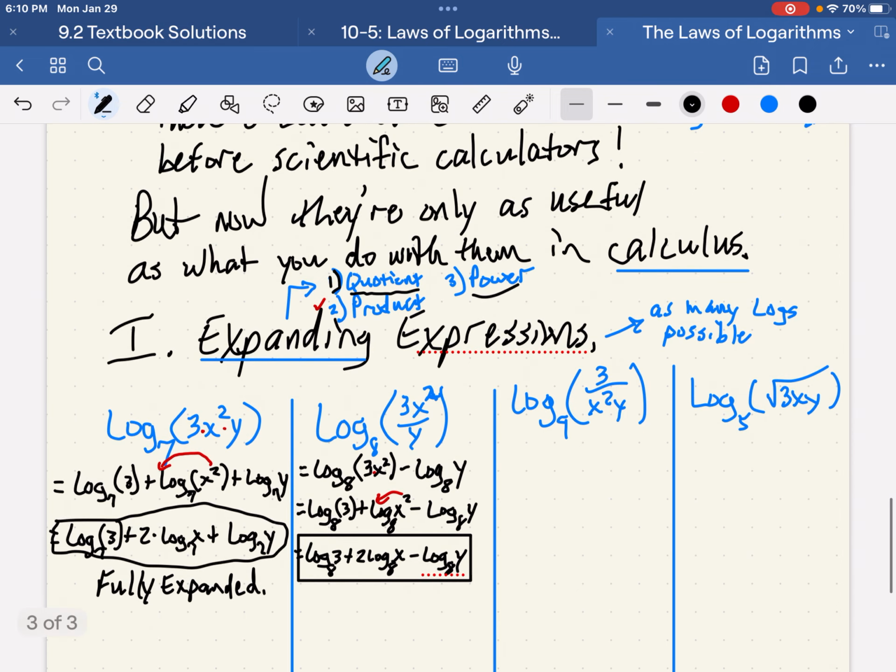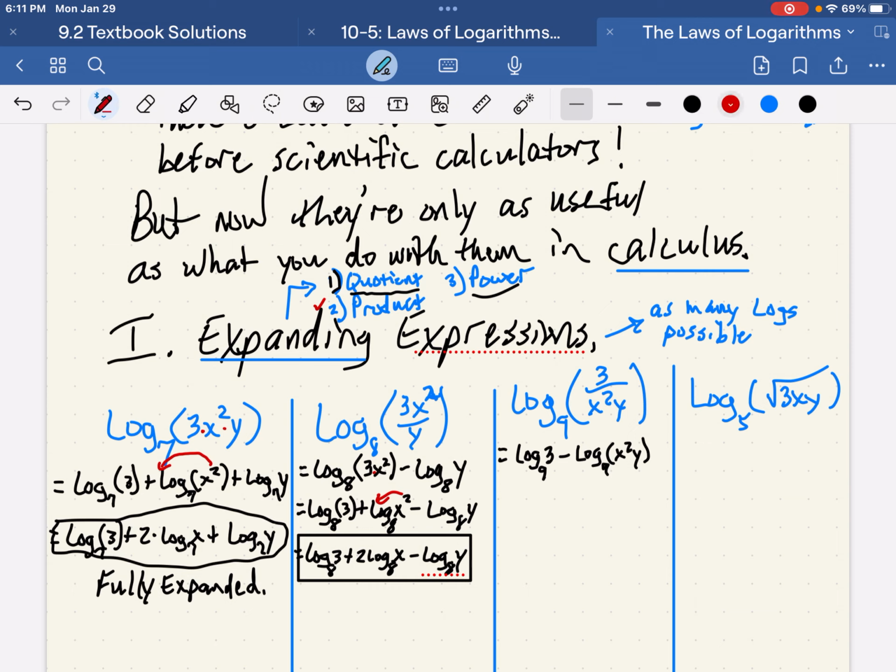Okay, our third example. Log base 9 of the quantity 3 divided by x squared y. So we apply the quotient rule, and we say that that's equal to log base 9 of 3 minus log base 9 of the quantity x squared y. Now this is a very important problem to pay attention to.